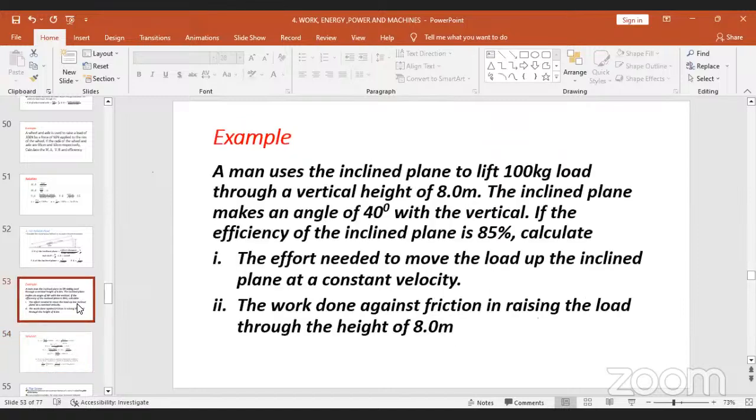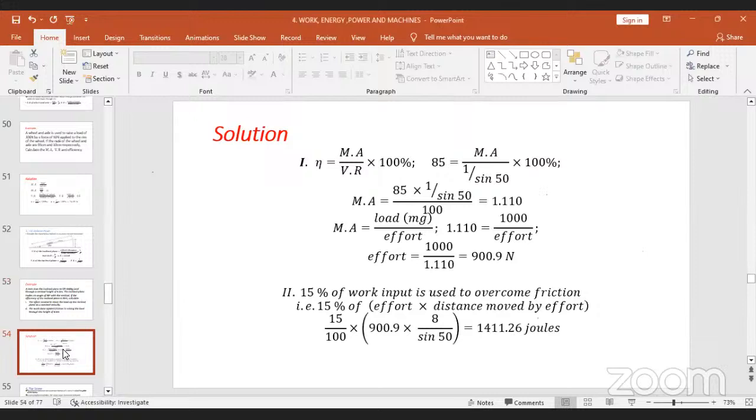We have been given the efficiency of that inclined plane to be 85, and the angle of inclination is 40 degrees. The load to be lifted is 100 kilograms. Remember, you can't work with kilograms. I hope nobody worked with kilograms. You have to change that into a force.